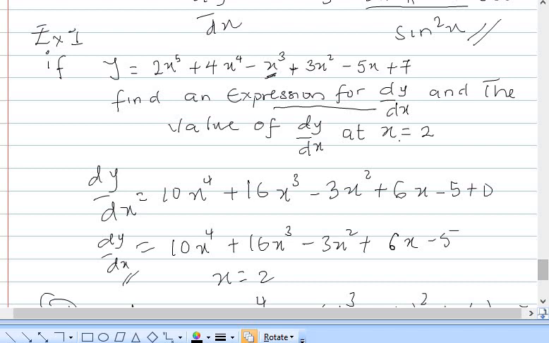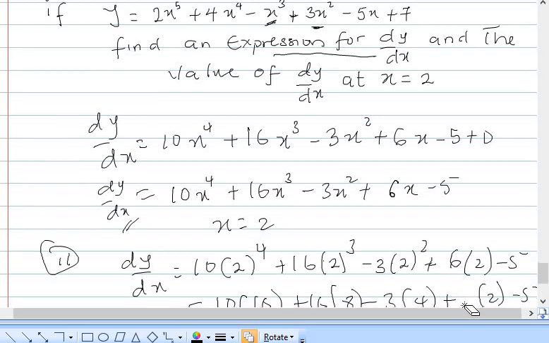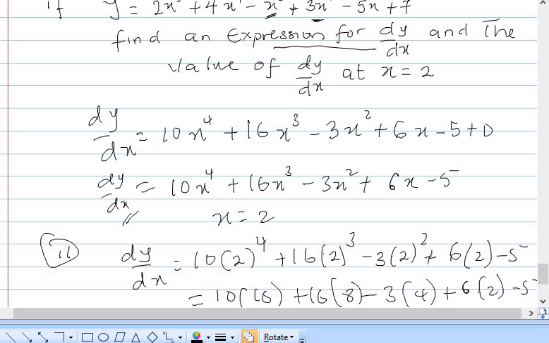This term, 2 times 3 is 6, then x, so it's just 6x, not 16x. So here it should be 6 also.